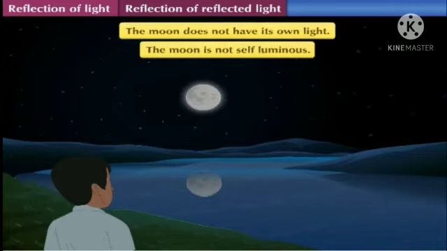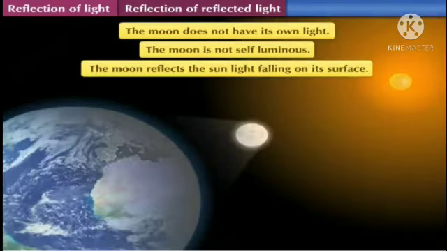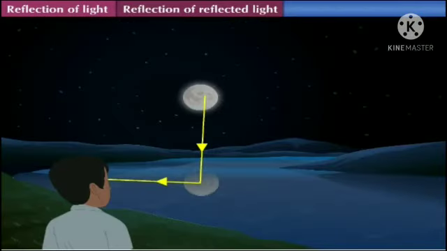The moon is not self-luminous. The moon reflects the sunlight falling on its surface. The reflected light is again reflected by the water to give us the image of the moon. In this way, light can be reflected several times.